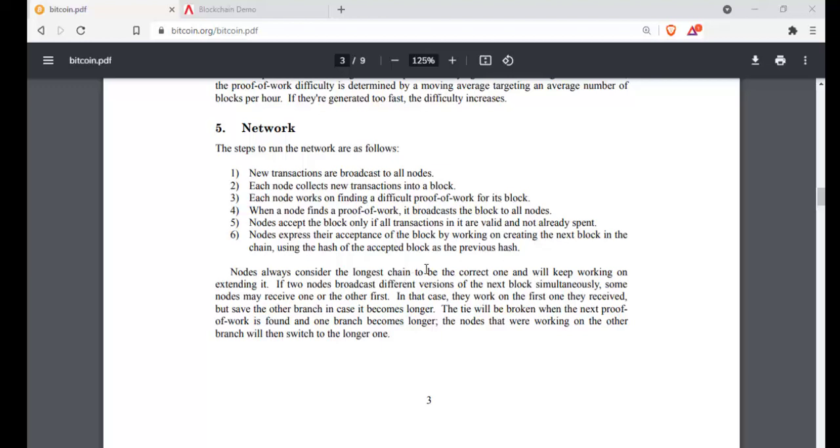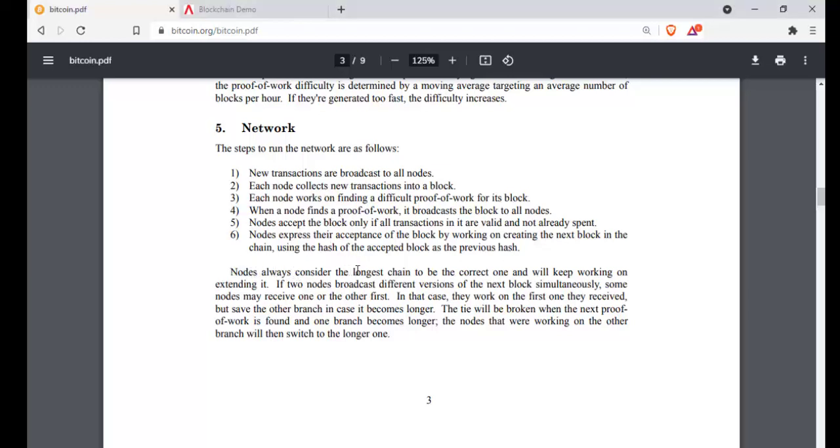Now what happens when two people find the answer at the same time for some reason? Yes, the two answers are going to be allowed. The network is still going to be running with those two answers. But what is going to happen in this case is that one of the answers will have to maintain its chain. Remember, transactions are broadcasted in chains, okay?